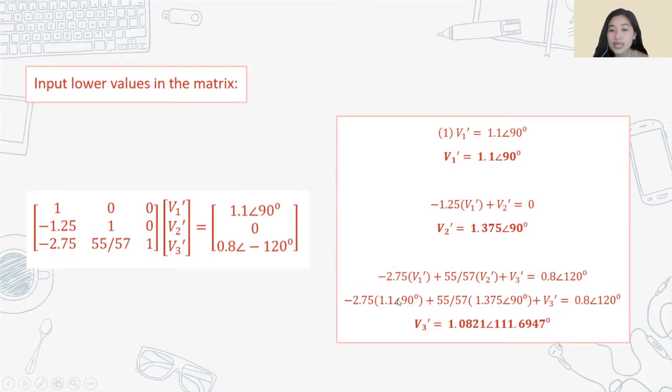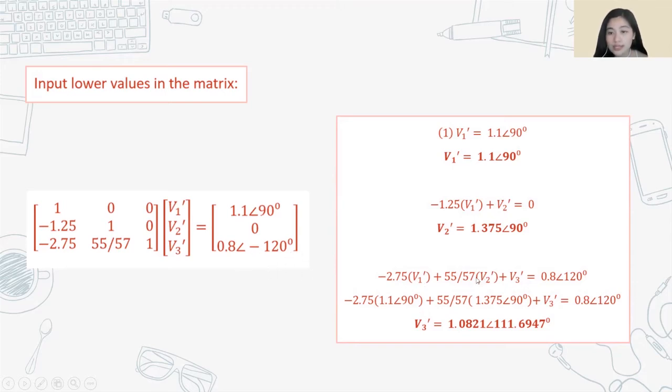Next step is that we are going to look for the value of V3 prime. Medyo mahaba yung solution niya dito, pero just take note that we are just multiplying our rows to columns and equivalent to the other matrix para dun sa equal natin dun sa other side of our equation. So, negative 2.75 multiplied by V1 prime, plus 55 over 57 times V2 prime, plus V3 prime, then it will be equivalent, of course, to 0.8 at an angle of negative 120.